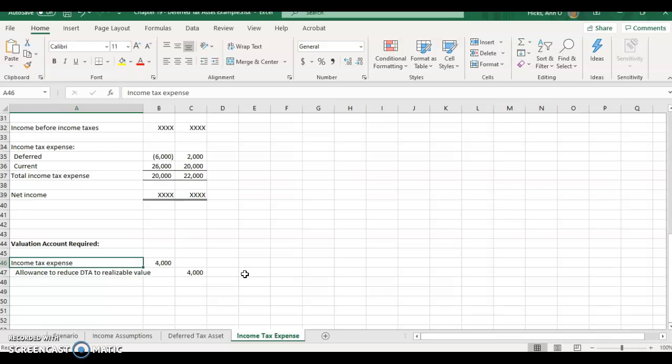On the other hand, if all evidence shows in 2016 that we're going to be able to use that deferred tax asset, that we will have income, then we do not have to make this valuation adjustment. But this is unique to a deferred tax asset.